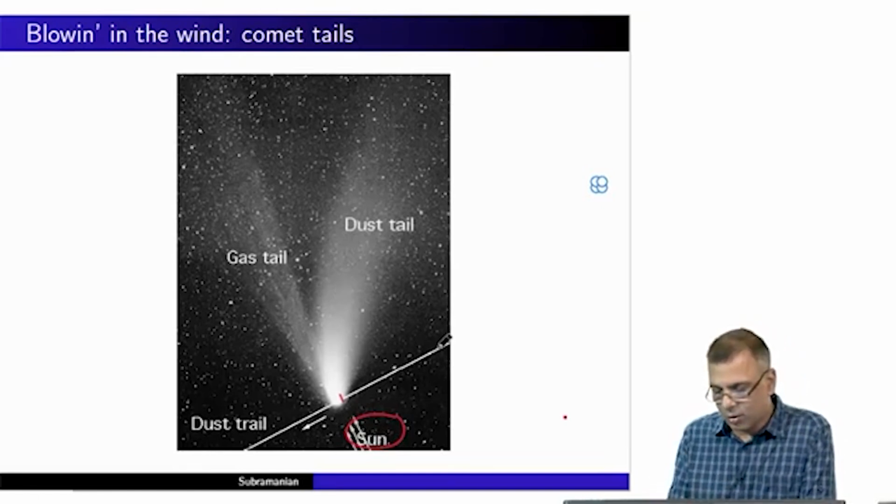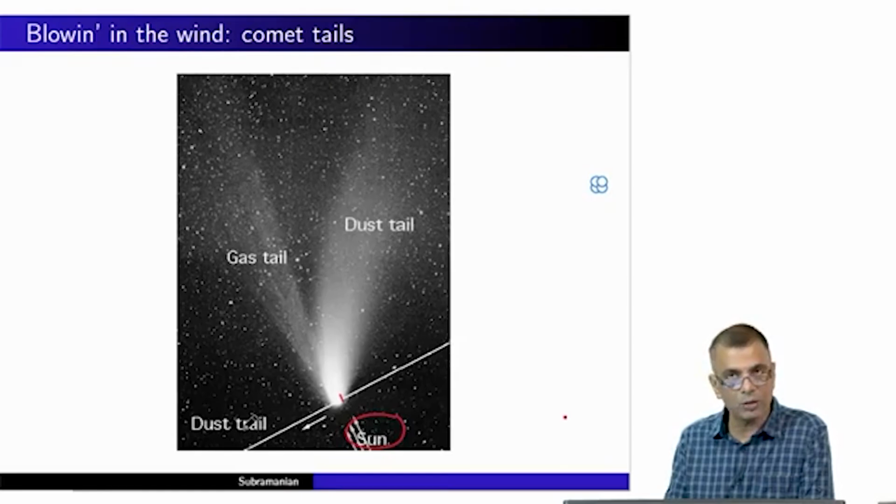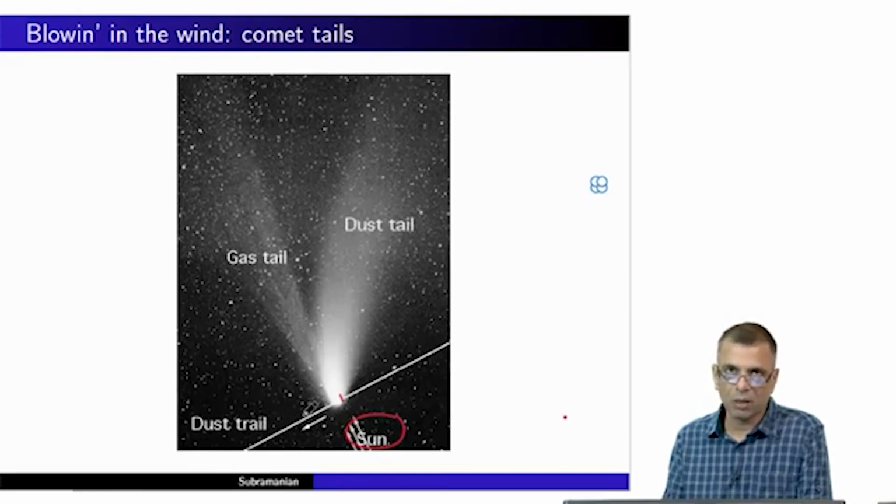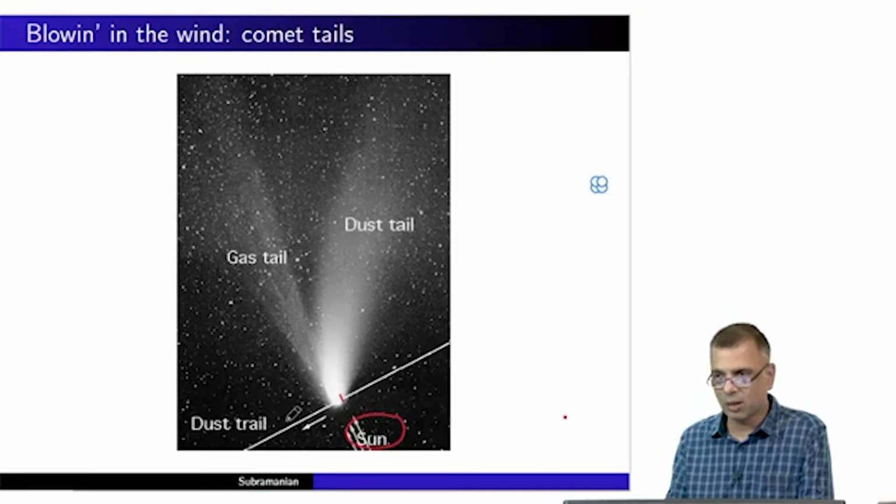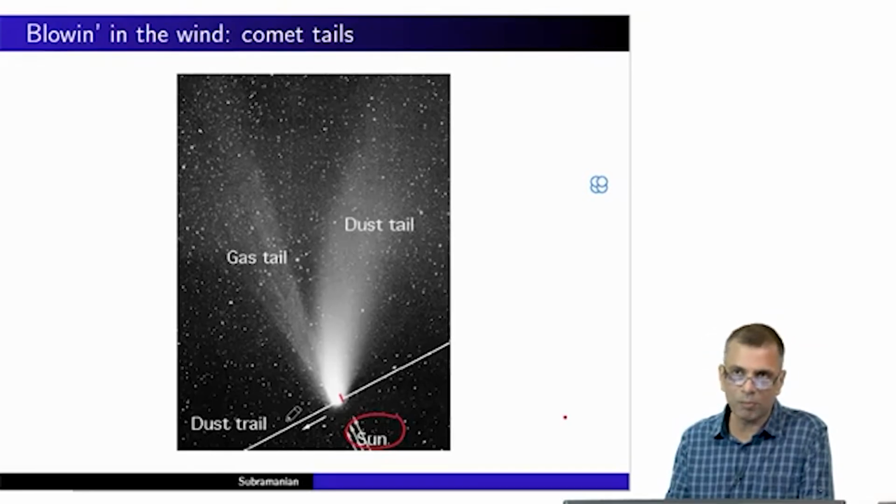Here's a comet that's going this way, and I'm sure you know about comets. Comets are objects from the Kuiper belt, and several of them pass through our field of view every year.